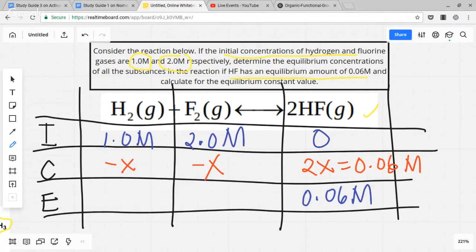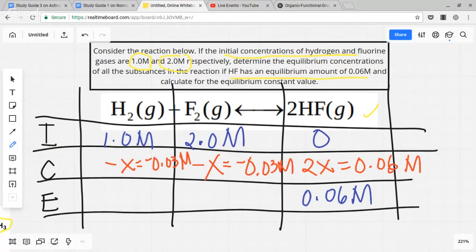So therefore, if 2x is 0.06, how much is x then? X is therefore half of your 0.06. So your x in this case is negative 0.03 molar, which is the same on the other side. That's negative 0.03 molar.